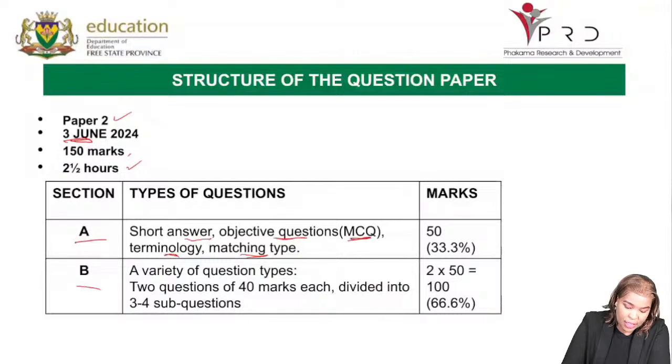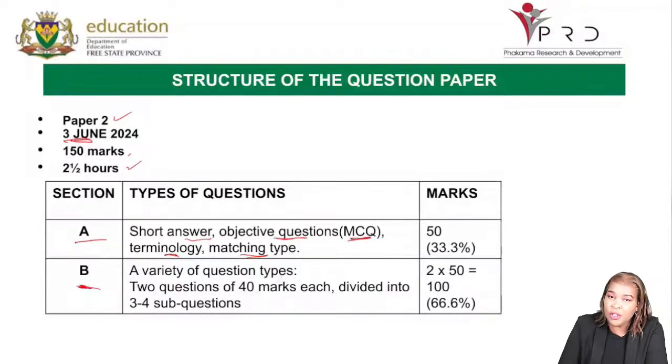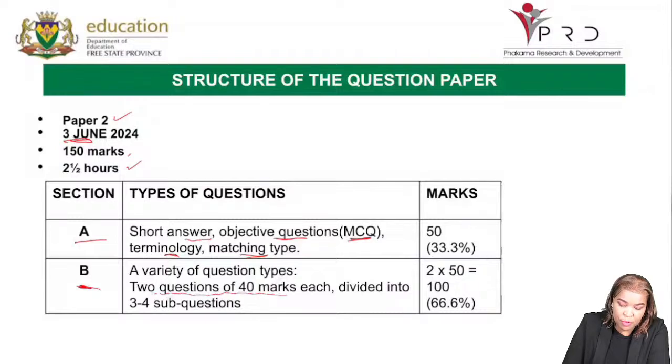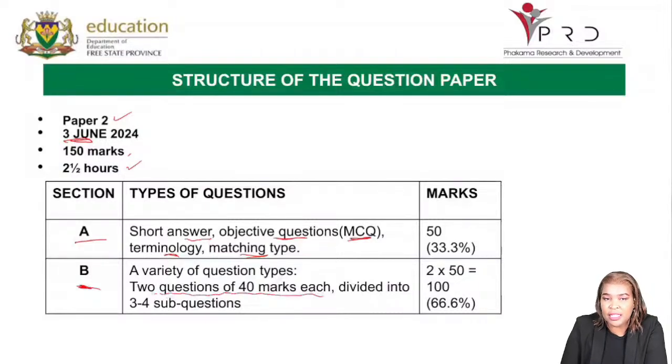And then your section B is going to have a variety of questions that are divided into 2 questions of 40 marks each. And those 40 marks can further be divided into 3 to 4 sub-questions. So you know your 2.1, 2.2, and 2.3. And then question 3, 3.1, 3.2, and 3.3. So that is the structure of how your paper is going to look.